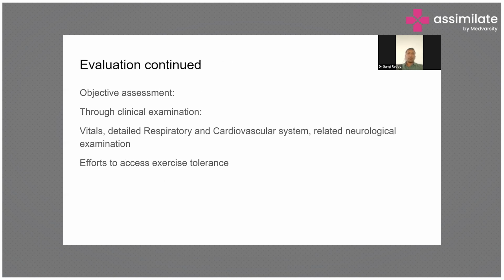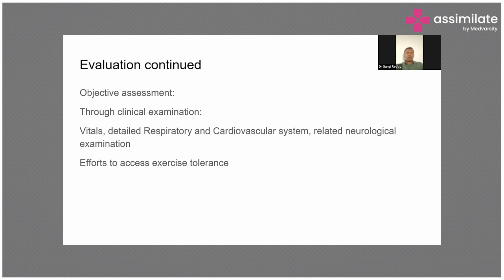So once the subjective evaluation is done, then we have to have a proper objective assessment. Most of the time with respect to pulmonology, the objective assessment can happen in three, four ways in different dynamics. One of them is imaging, which can be easy and done on every patient.